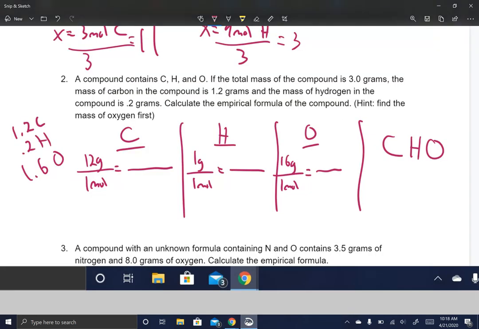All right. We have 1.2 grams. How many moles? We have 0.2 grams. How many moles? We have 1.6 grams. How many moles? So cross multiply and divide. 1.2 divided by 12.